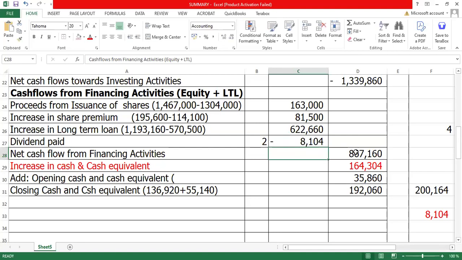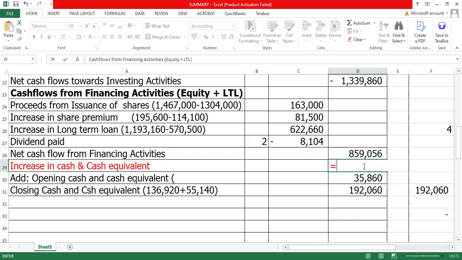I put it as a negative because it's a cash outflow. So when you do that, I believe your things will balance.